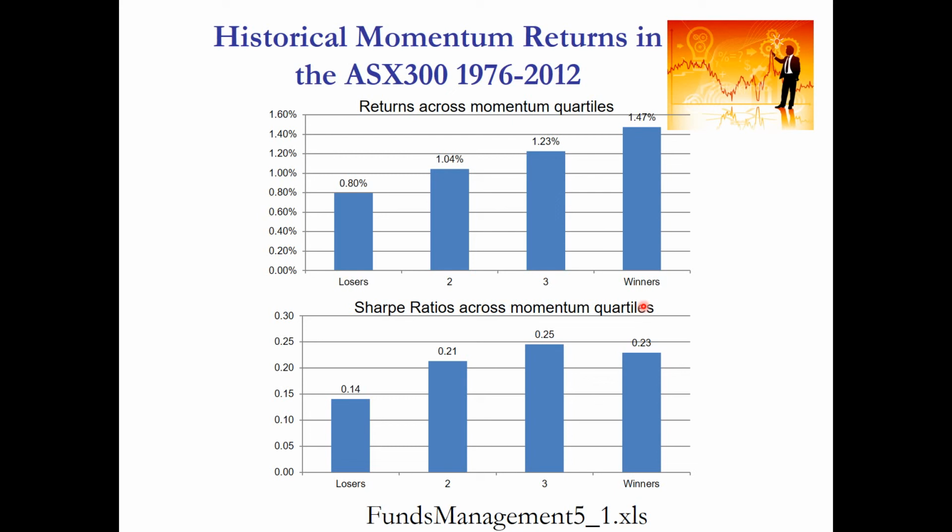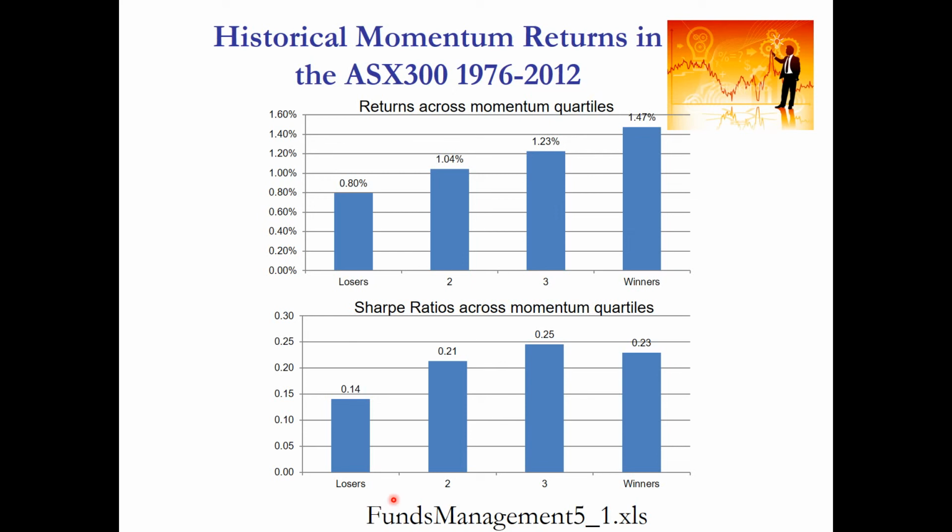Now, one obvious question you might ask is, well, is this return differential just explained by risk? Is this result simply due to the fact that past winners may be more risky or more volatile? So look at the bottom here. What I have done here is I have reported the Sharpe ratios. And as you can remember, Sharpe ratio is the risk-adjusted return.